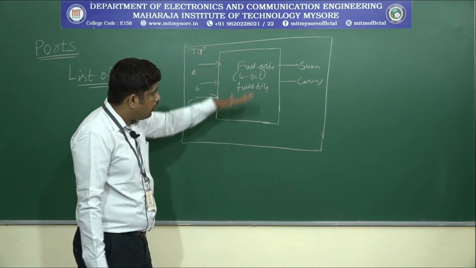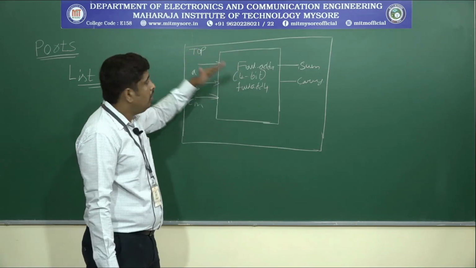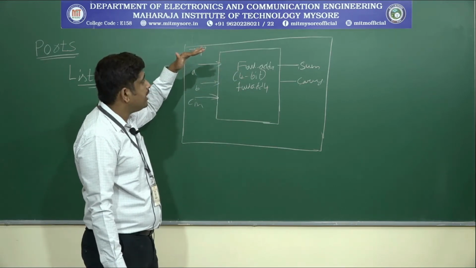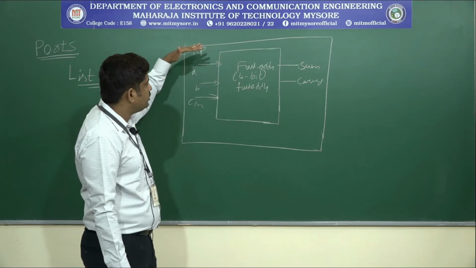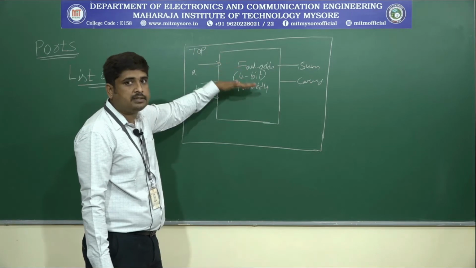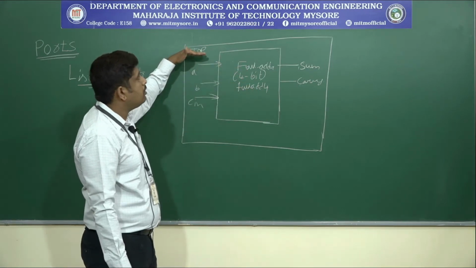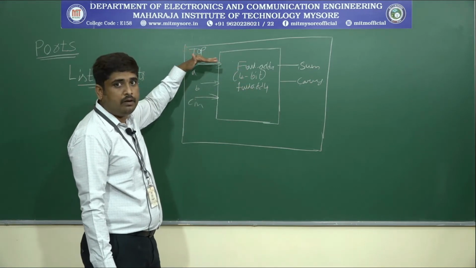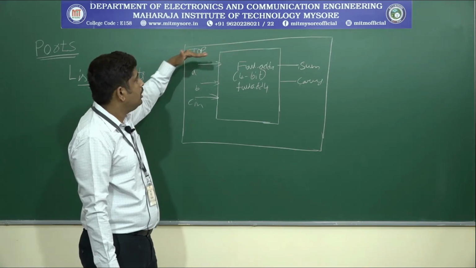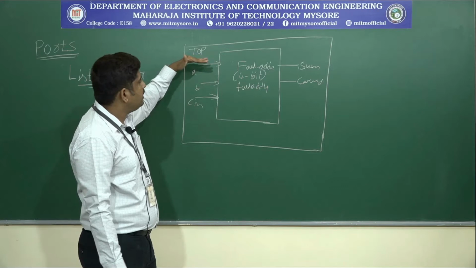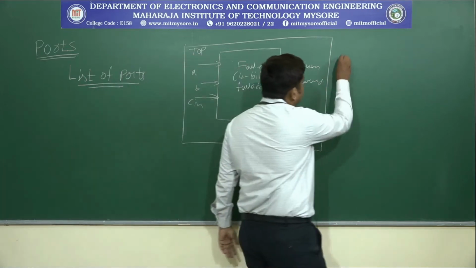In this block diagram, the top level module instantiates the full adder circuit. For the top level block there are no ports, right? There are no inputs and outputs to mention here.